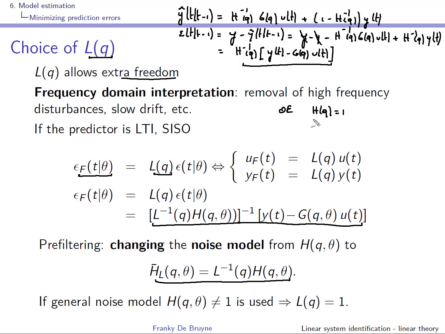So what you could do in this case is do output error identification, and then you work with a filter L(q), and this means that in reality you're working with a fixed noise model that will be 1 over L(q). But in general, when the noise model is general, in the sense that it's different from one, typically filtering is not used.